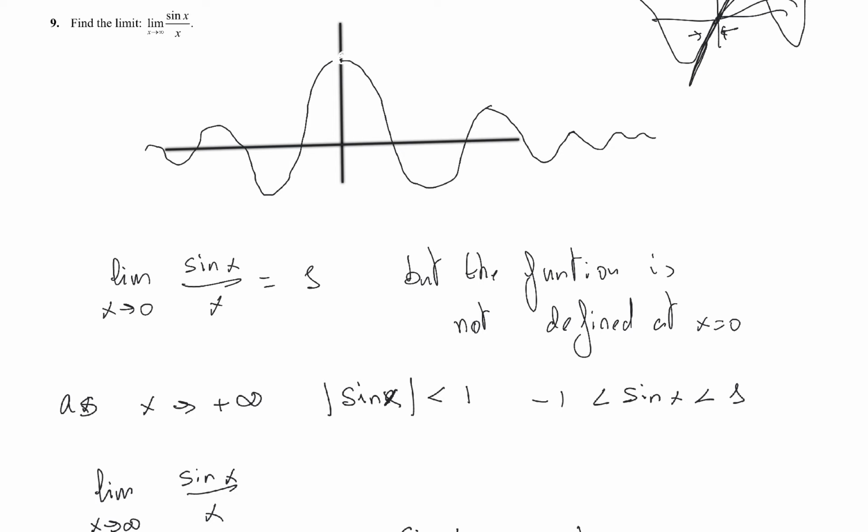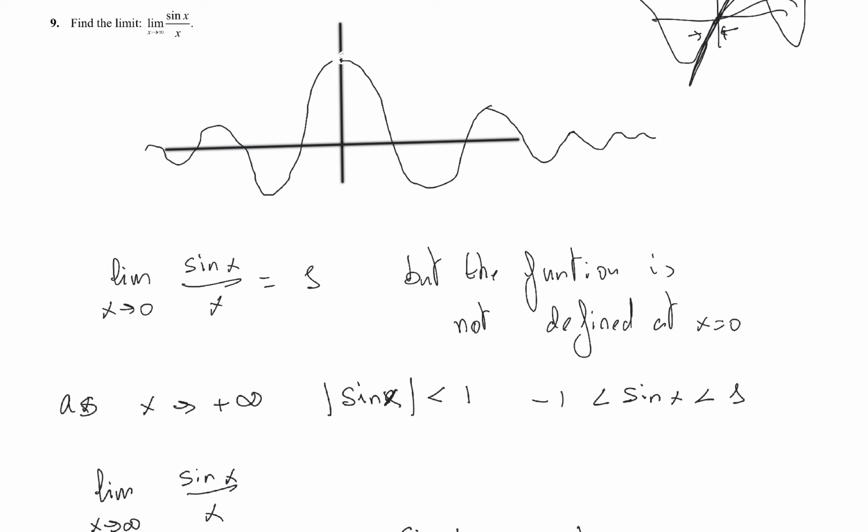So because sine of x cannot be bigger than 1 or smaller than minus 1, sine of x is between 1 and minus 1, always. Sine of pi divided by 4 is a number between 1 and minus 1.